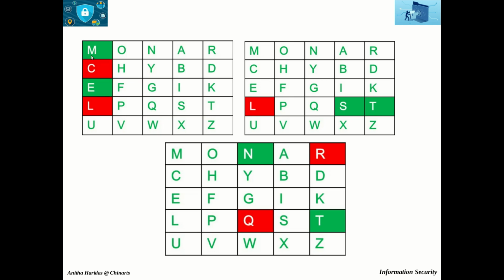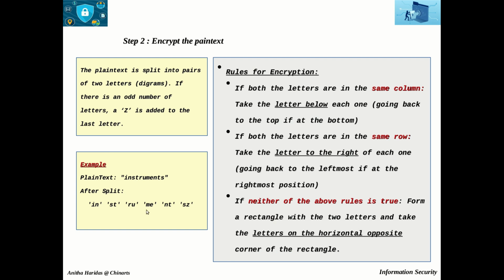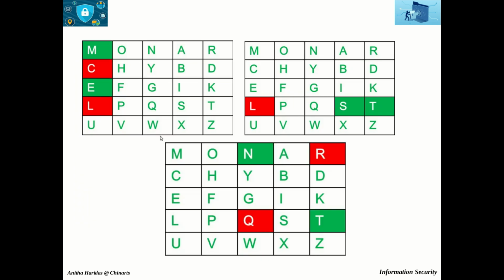I am going to take M and E, right? So I have ME as a digraph in the plain text. Let us take ME for this particular rule. If you observe the key square, M and E are in the same column, right?